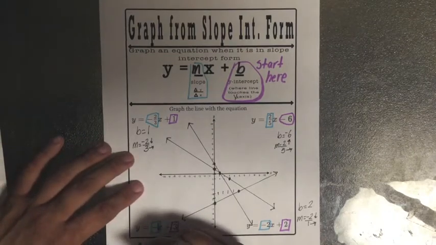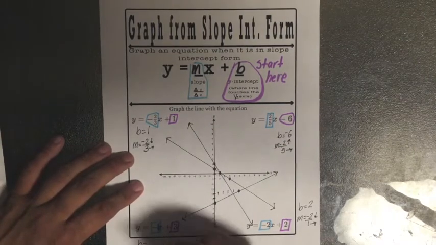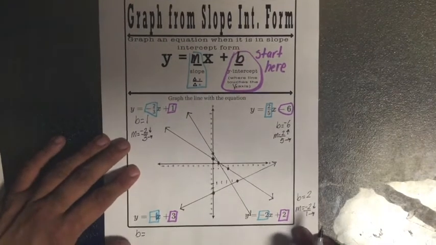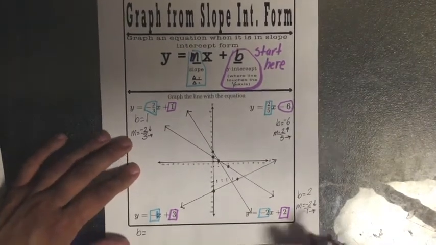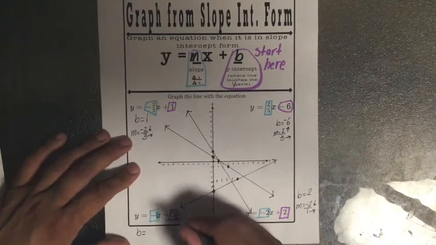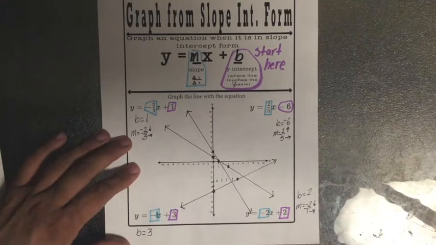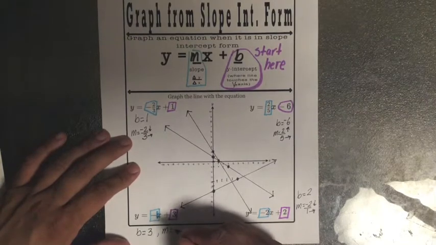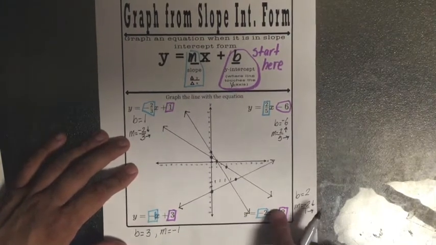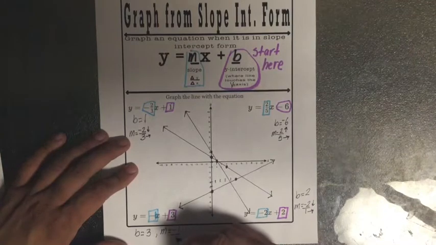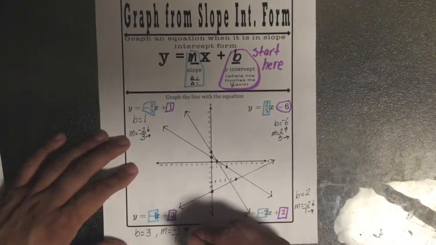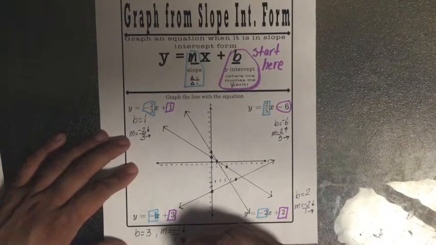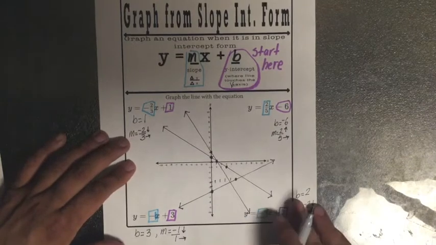My b is 3, and my m is negative 1. Just like this one, I need it to be a fraction though, so I'm going to put 1 over it. That means I go down 1 and over 1.